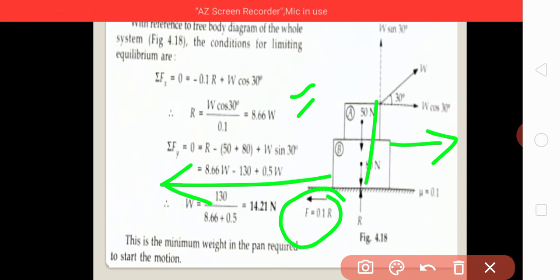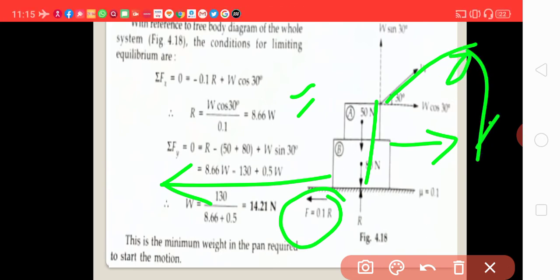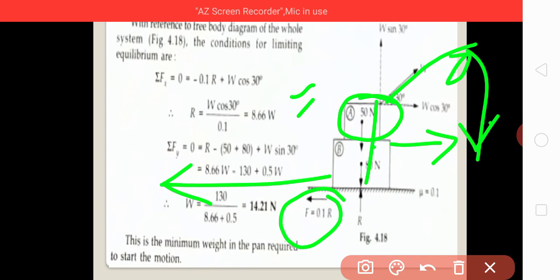Now, the second case: how much force is required here so that block A starts moving compared to block B. In this case, we have to just keep this block in position by tying it with something.